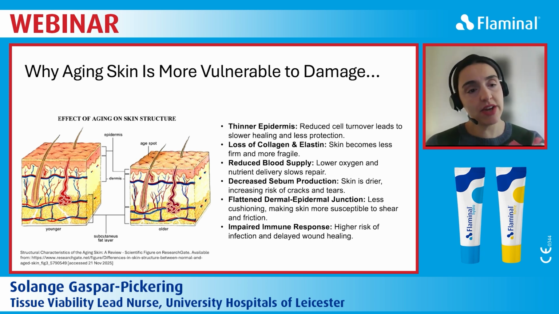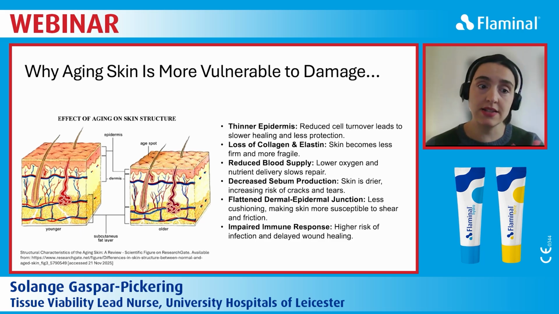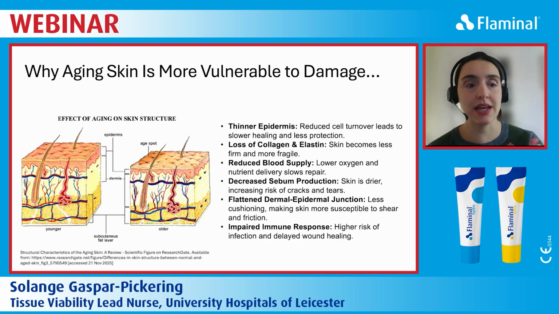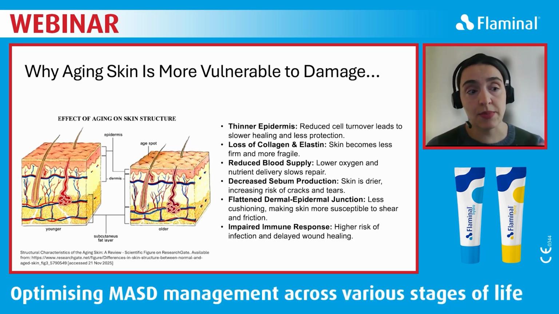So Kelly has already gone through the layers of skin and what happens in neonates, but it's important to understand what happens as we get older. As you can see here, one of the main things that happens is the epidermis becomes thinner. So this means there's reduced cell turnover.